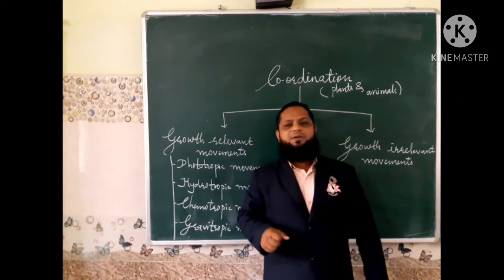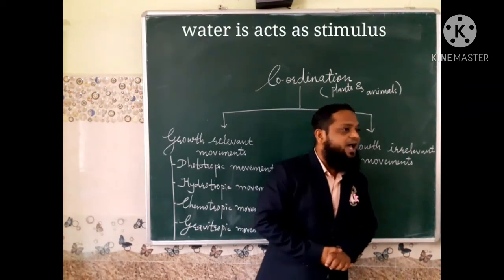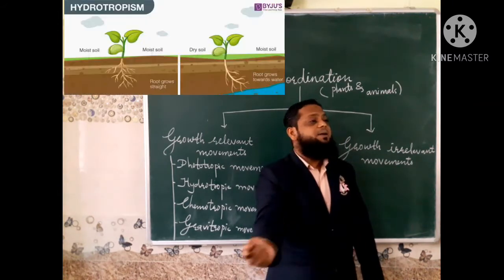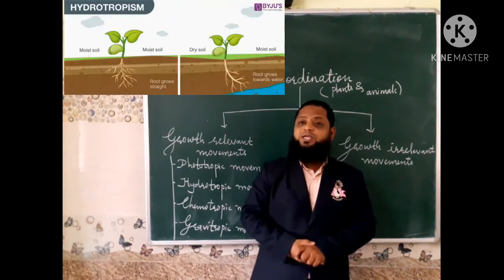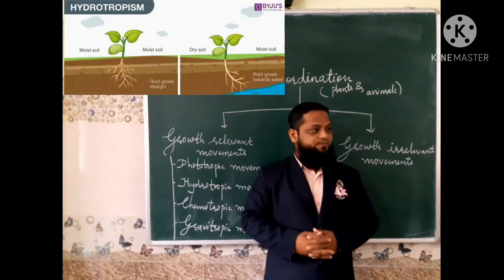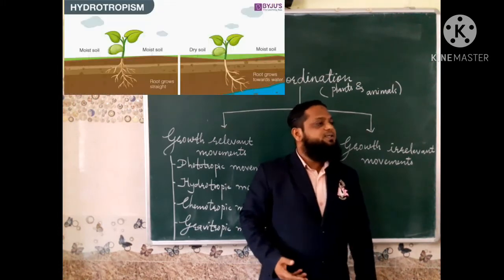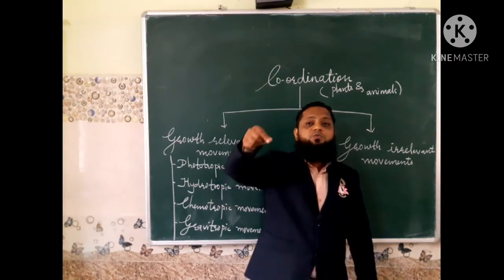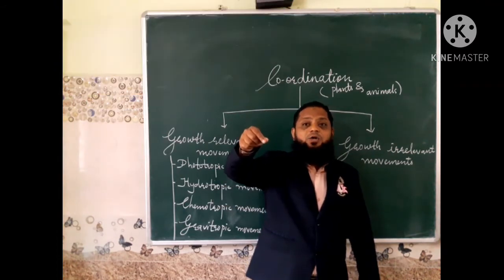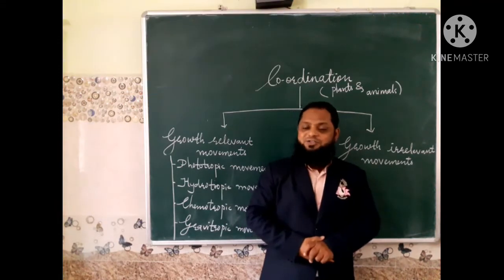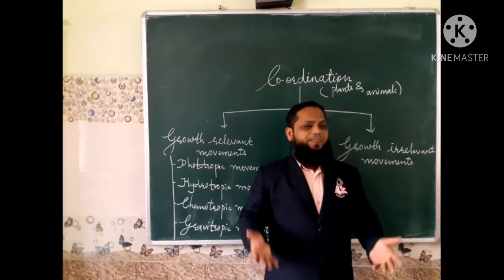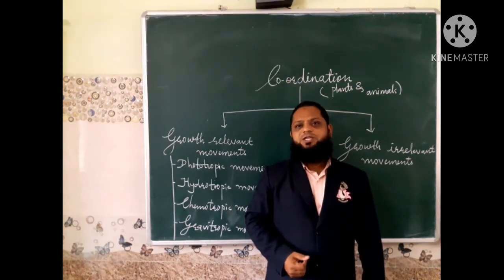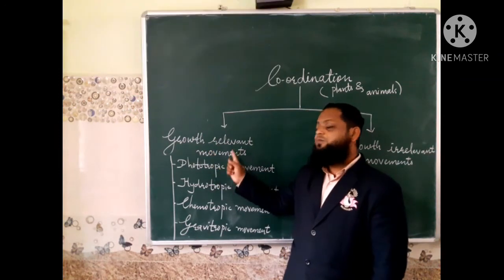In this example, water acts as the stimulus. Against this stimulus, plant roots show the response. Such a response is said to be hydrotropic movement. In this movement, the root cells grow towards the water molecules below the soil. That's why hydrotropic movement is also considered a growth relevant movement.